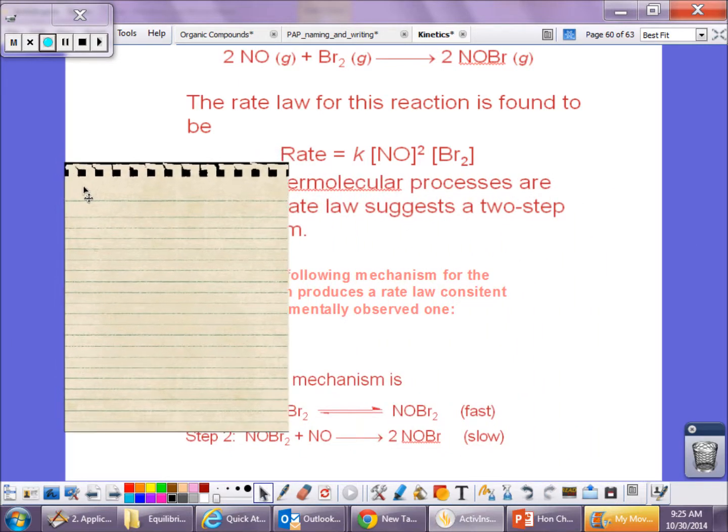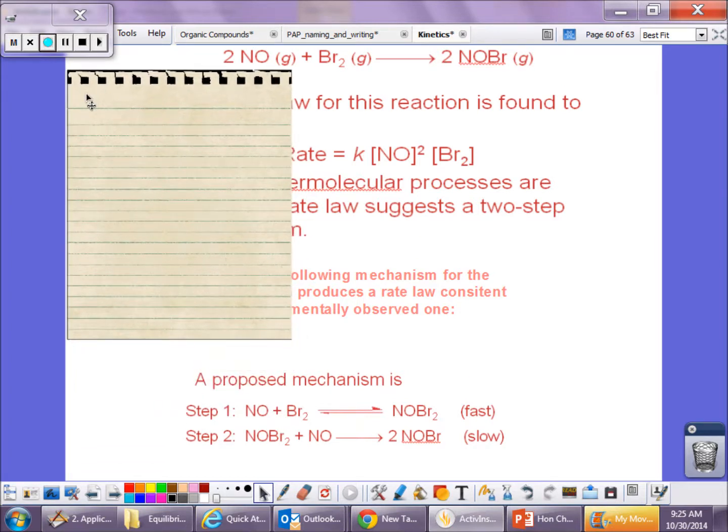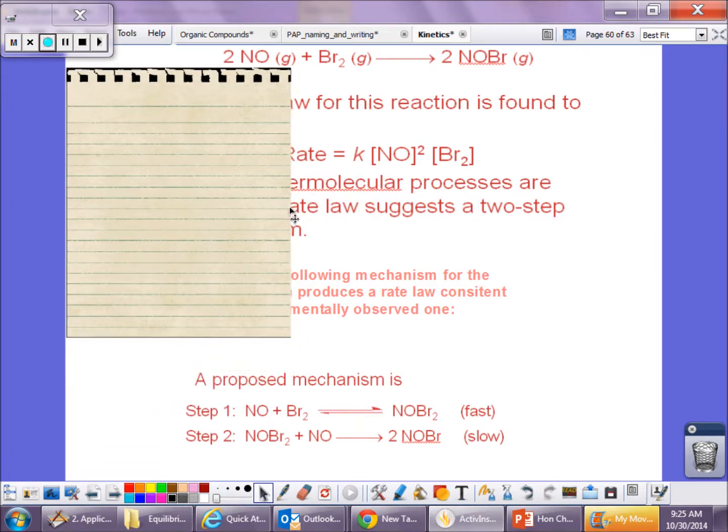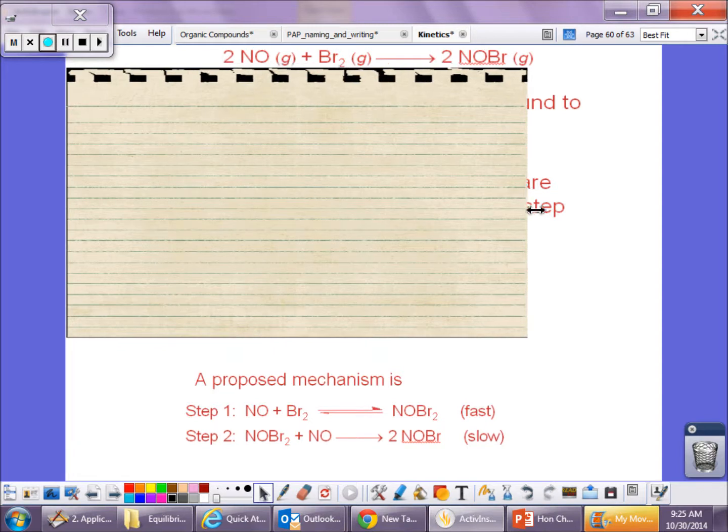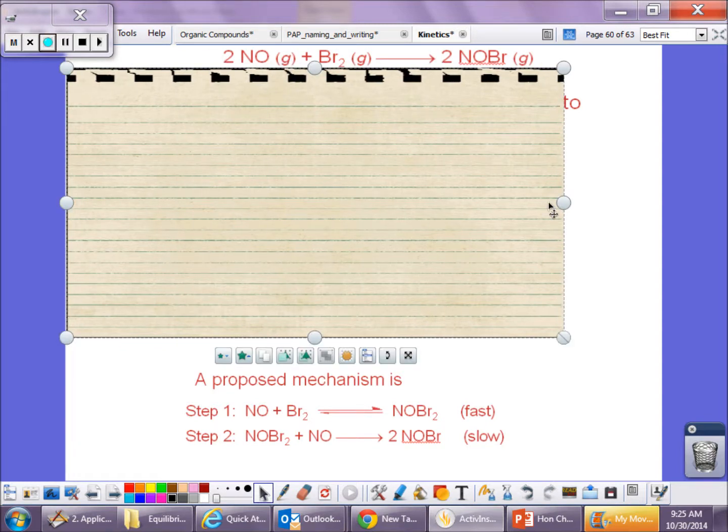The textbook gives you a much longer way to solve it. So what you should do, the shorter way, the first thing you do, there are two conditions for this mechanism to be valid. When you add up the different steps, it should give you the balanced equation. So always add up the different steps and see if you have the balanced equation.